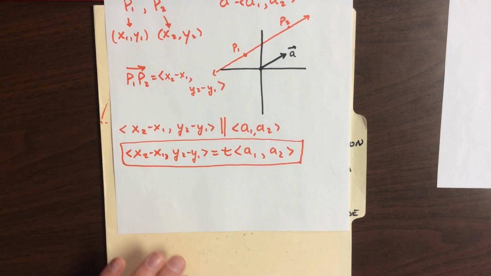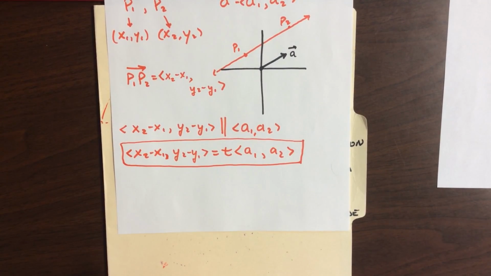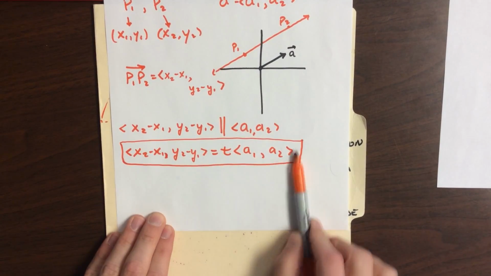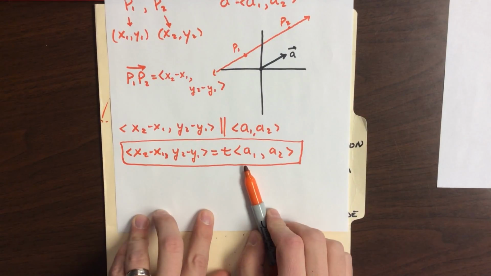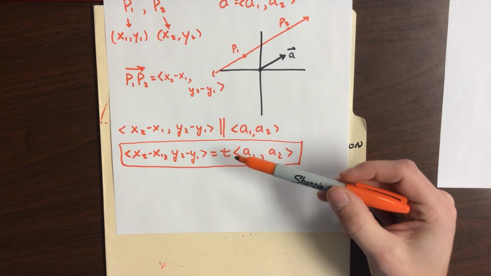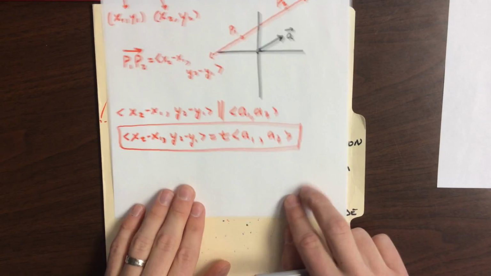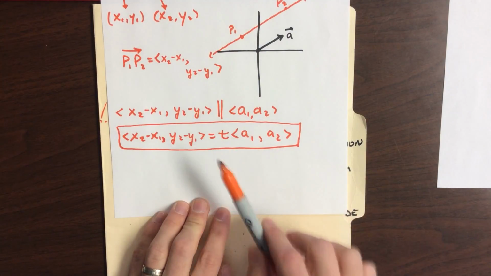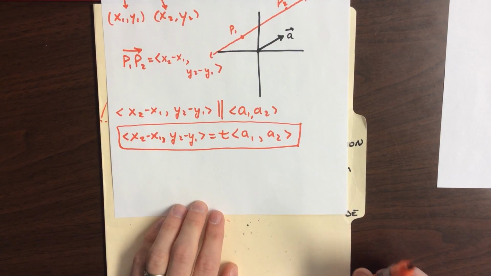And so what this is showing me is that if I have 2 points and I've got a vector to which we're parallel, it's just some scalar multiple. So when they are parallel, one vector is a multiple of the other.